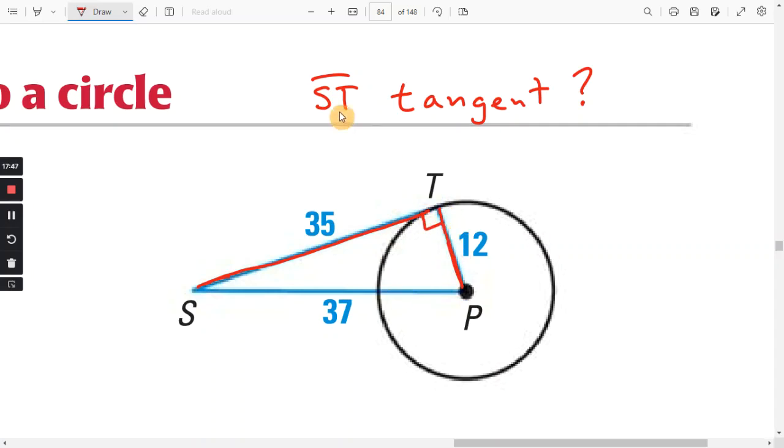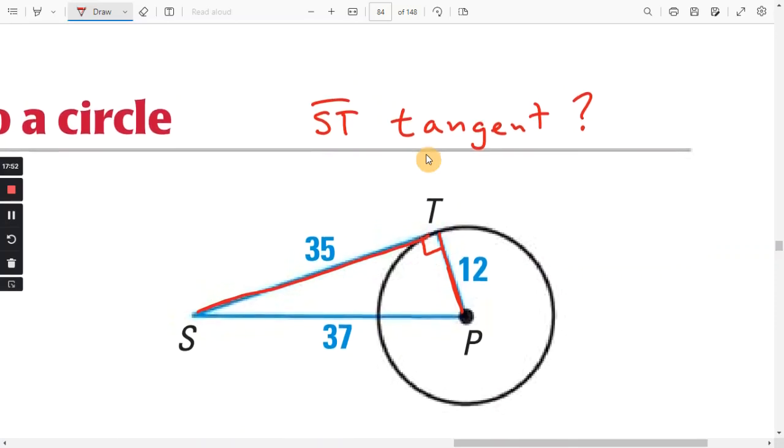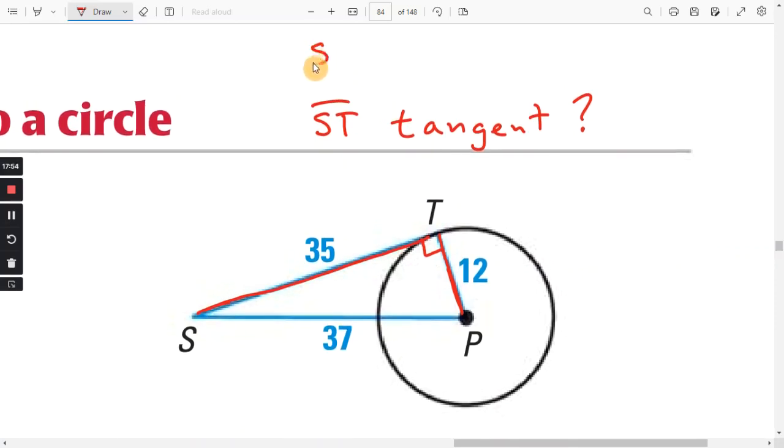So asking if ST is tangent is the same as asking if ST is perpendicular to TP. All right, that's basically what they're asking. Perpendicular means it makes a right angle.